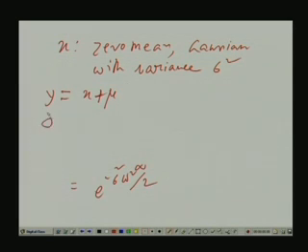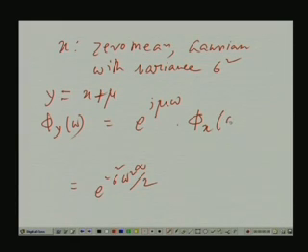What is phi_y(omega)? Phi_y(omega), as we have seen, is nothing but this equation, you can interpret it as a x plus b. So, a equal to 1 and b is mu. So, from our previous result, it will be e to the power j mu omega and then phi_x(a omega), but a equal to 1.